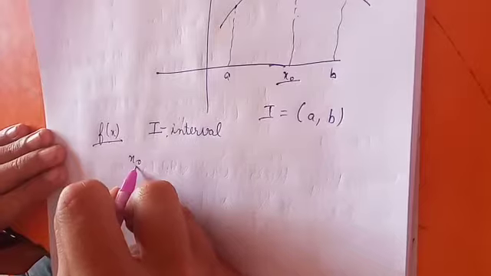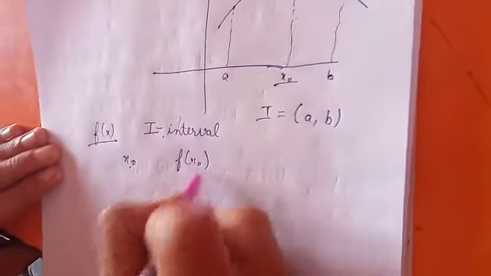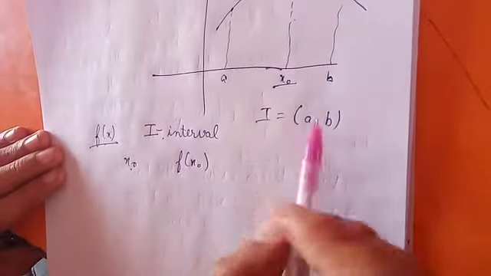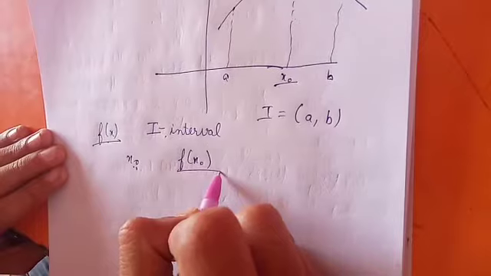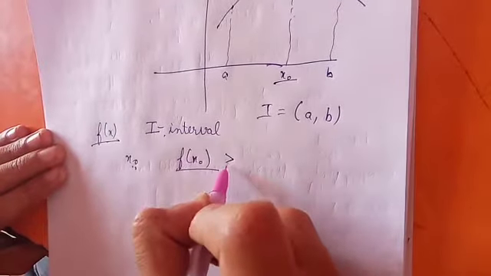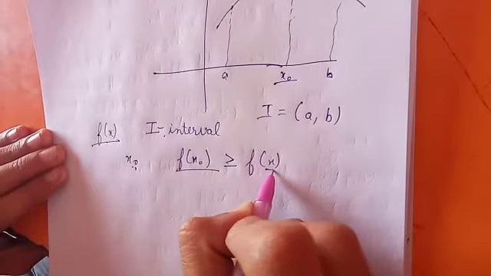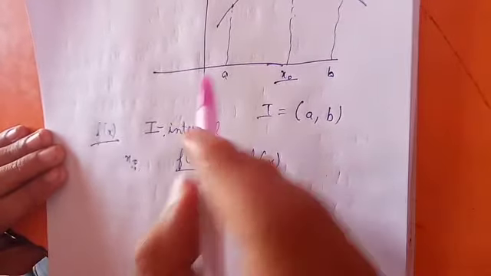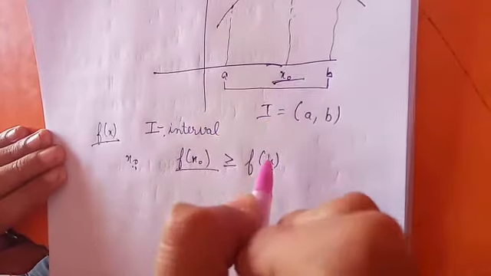Where f of x naught, meaning when we put the value of x as x naught, we get some value of f of x naught that is always greater than or equal to f of x. And what is x here? x is any other value between a and b except x naught.